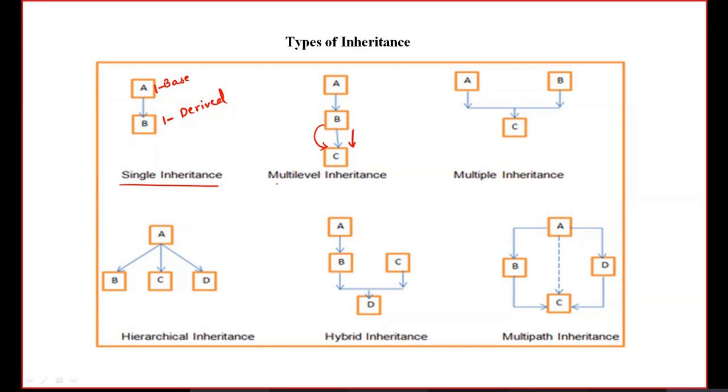So this is called multi-level inheritance. Now this chain can go up to any extent. C may derive D, D may derive E, right? So this is called multi-level. You can see levels are being formed. That is what we call multi-level inheritance.